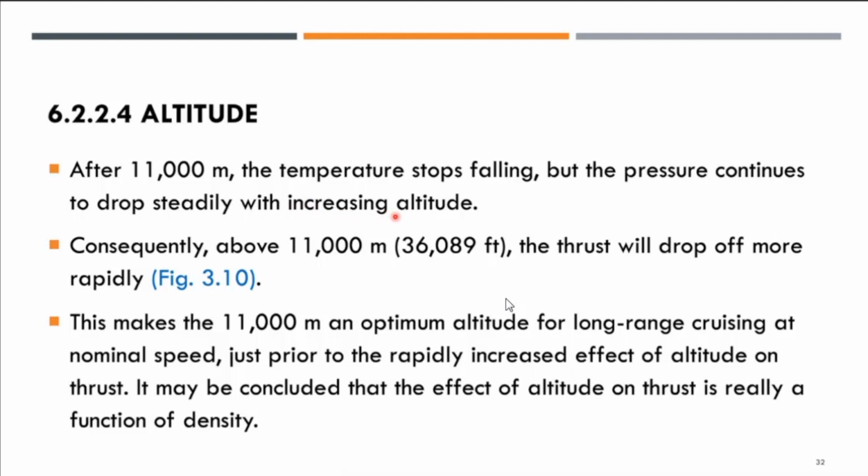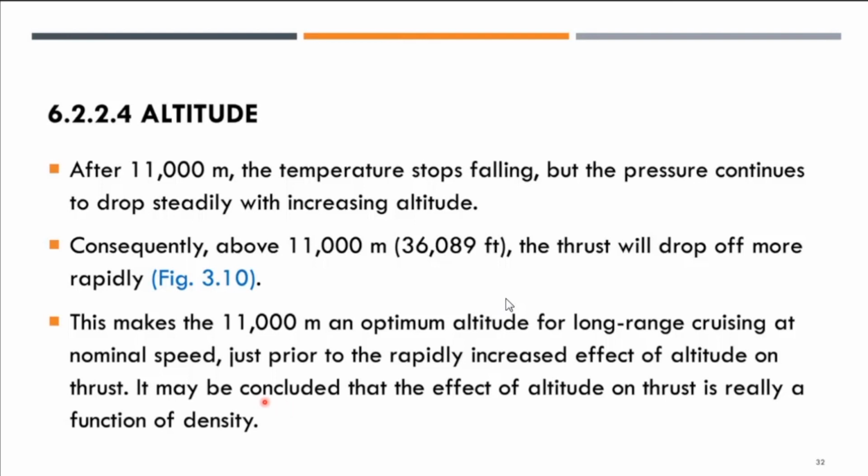Consequently, above 11,000 meters, the thrust will drop off more rapidly. It is shown in the next figure, figure 3.10. This makes 11,000 meters the optimum altitude for long range cruising at a nominal speed, just prior to the rapidly increasing effect of altitude on thrust.